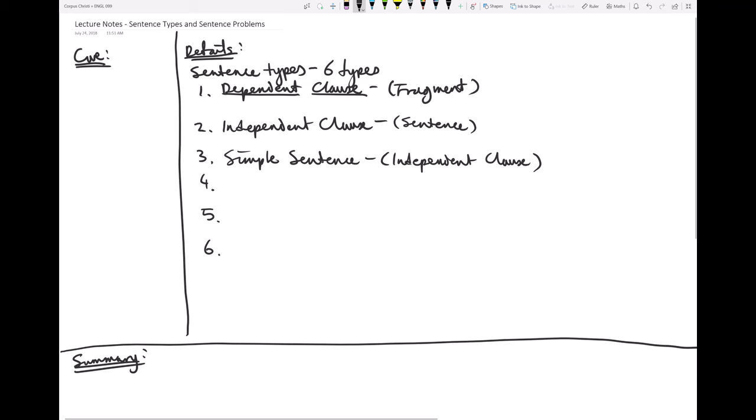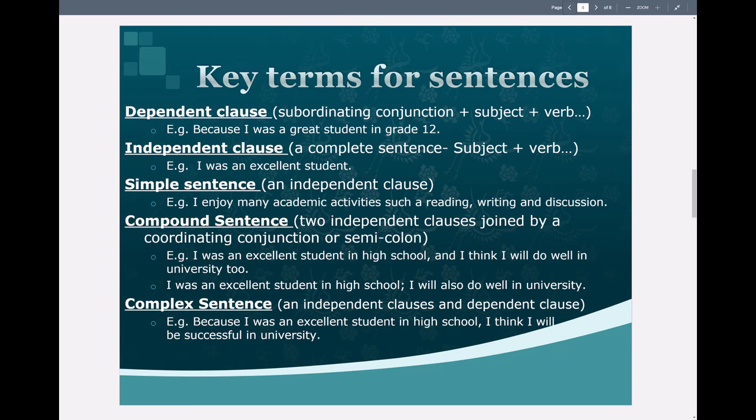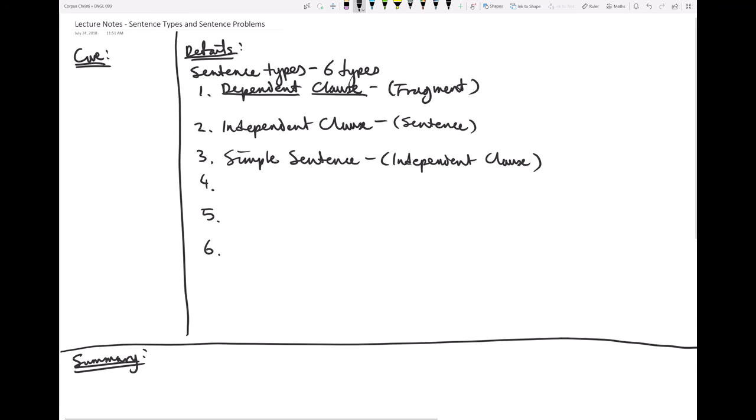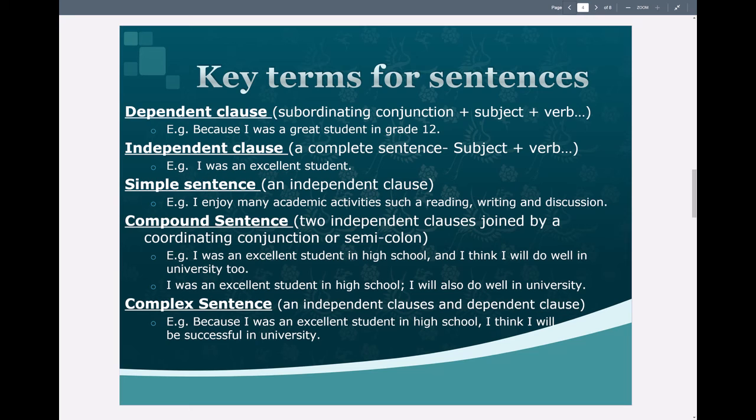And then I'm going to rephrase this in a second. It says subject and verb. Okay.